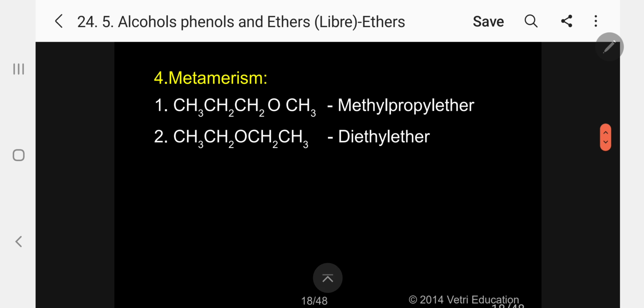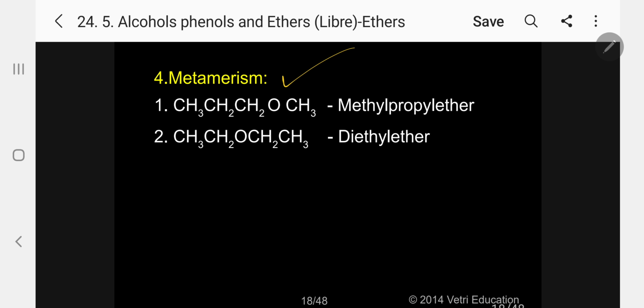Metamerism, so always coming at the center. Kindly follow. One important piece of information: some books are giving a wrong answer. They have included this in positional isomerism because when you go for the IUPAC name, it is giving a number position. So it is not positional, it is only metamerism. Kindly memorize.